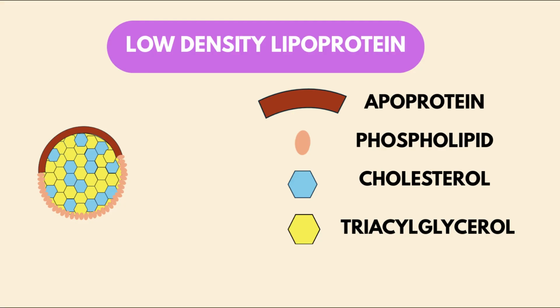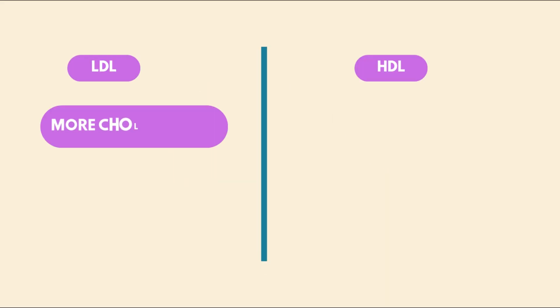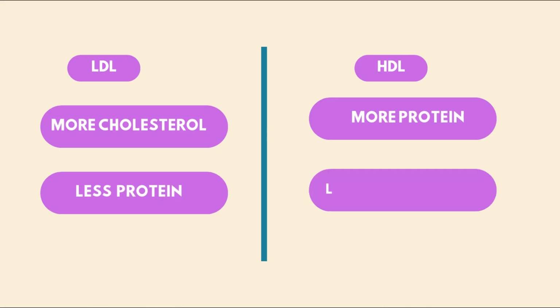You can see that HDL has a higher protein content compared to the LDL. If you compare both, LDL have more cholesterol and less protein, while HDL have more protein and less cholesterol.